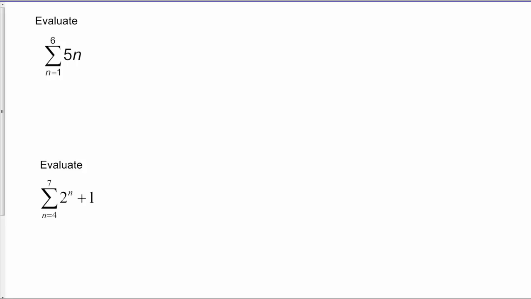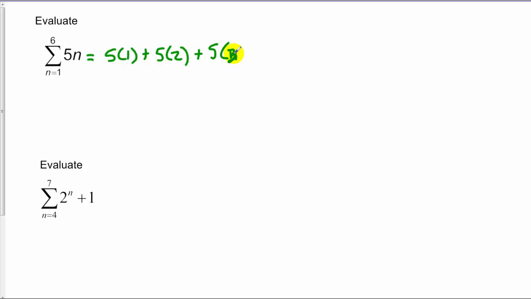So here's a couple examples of a sigma notation sum. This says find the sum of the series that is made by n starting at 1, plugging it into the formula, incrementing by integer values of 1 until I get to 6. So let's do that. I have 5, and n starts at 1. Then I increment by 1 and say 5, and n equals 2. 5 times n equals 3.